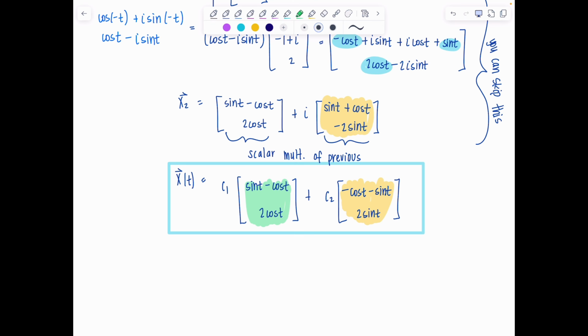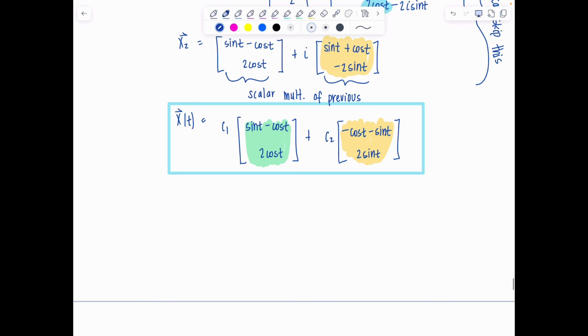And then here's the main idea: why are we just ignoring the i? What happened, generally speaking, if I were to write out a rule, we had x1, which was in the form a plus bi, and we had x2, which was in the form a minus bi, right? Well, I know linear combinations of solutions are solutions, yes?